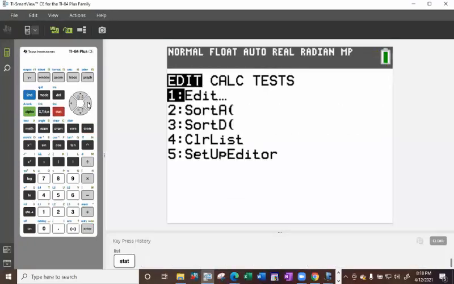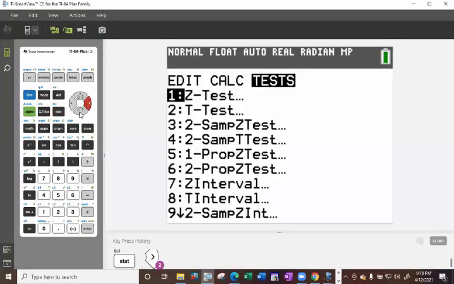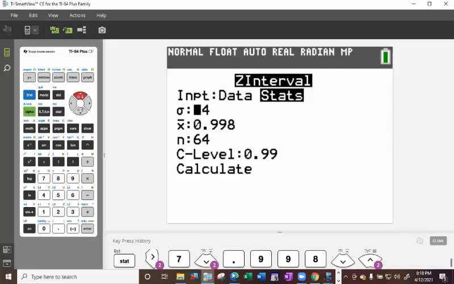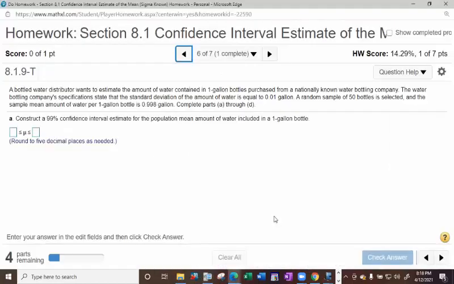Stat, test. That was 998. I think that was 0.01, yeah, 50.